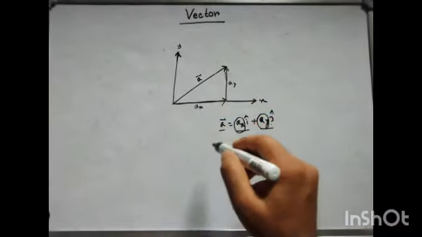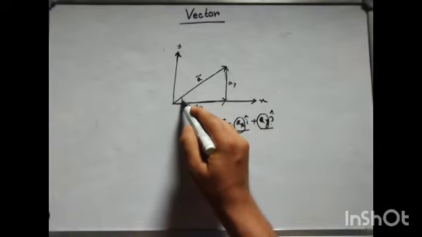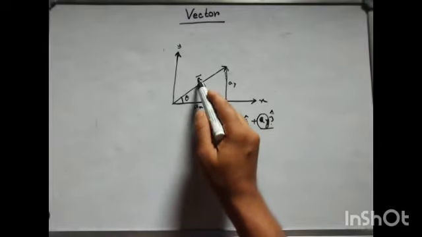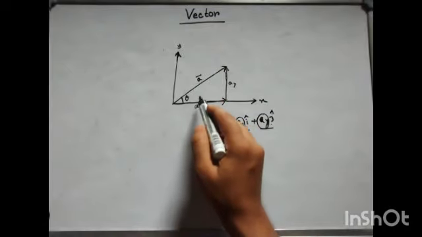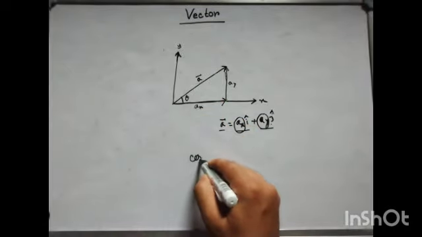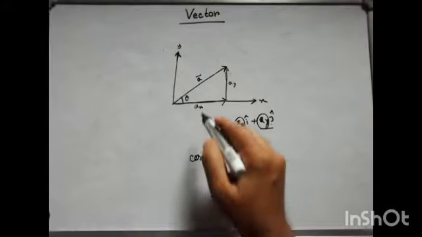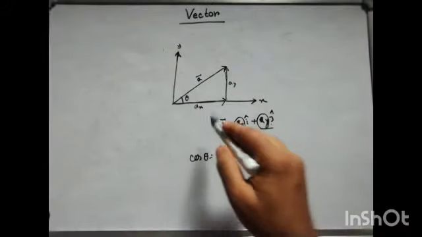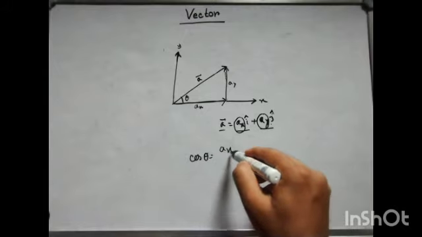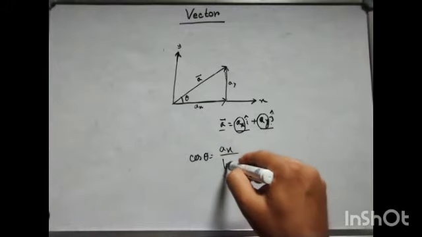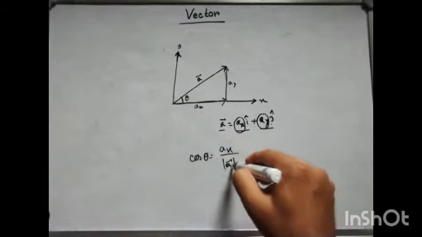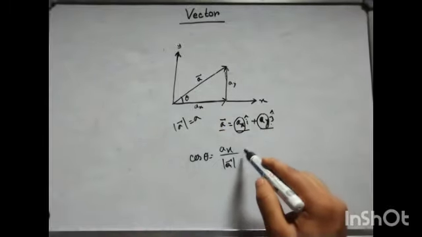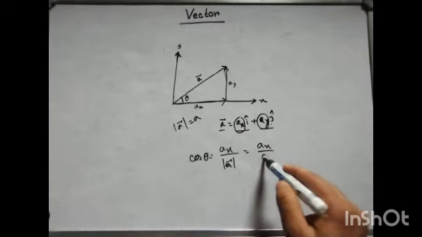Okay, what will be ax? Suppose this angle is theta. Then cos theta means base by hypotenuse. So that will be ax by the magnitude of a vector. Suppose the magnitude of a vector is a, then it will be ax by a.